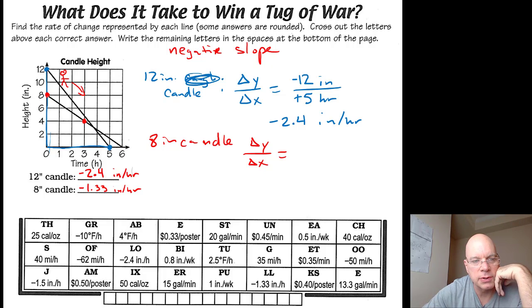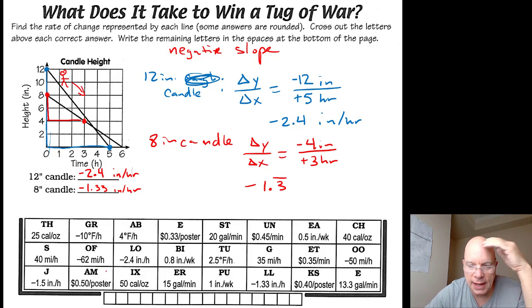I'm just going to use those two. The candle's height decreased from 8 to 4, so it decreased by 4 inches. And over the course of time from 0 hours to 3 hours, which is a change of positive 3 hours. And 4/3 is 1 1/3. I know 1/3 is 0.3 repeating. Negative divided by positive is negative.